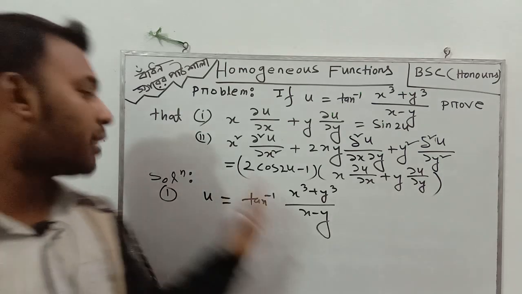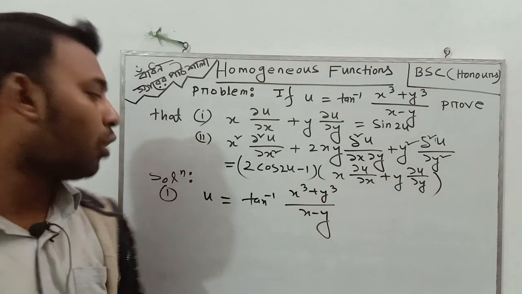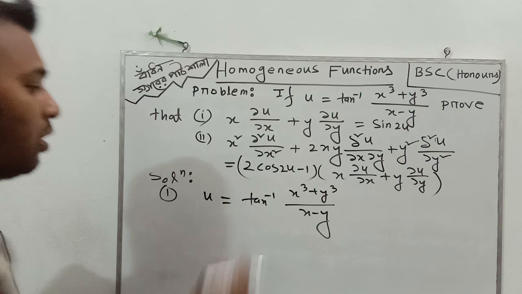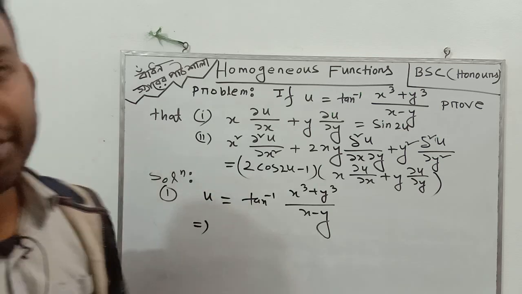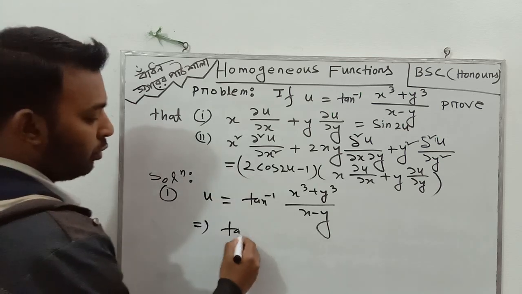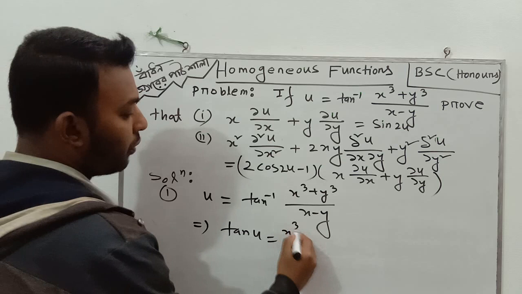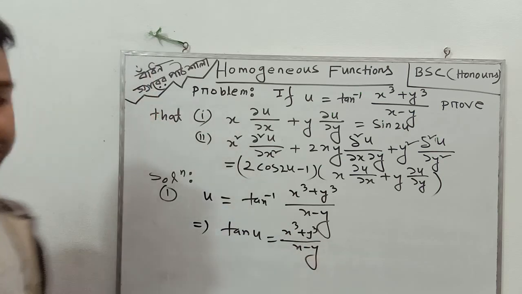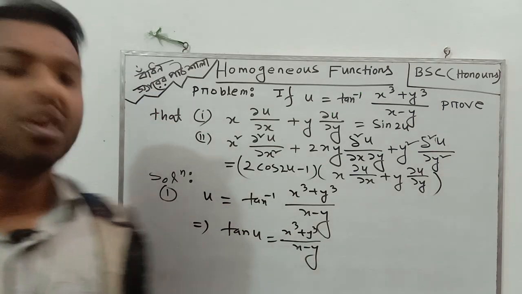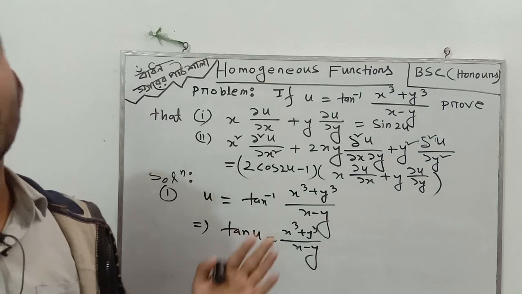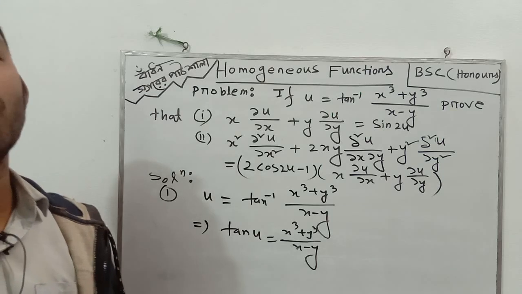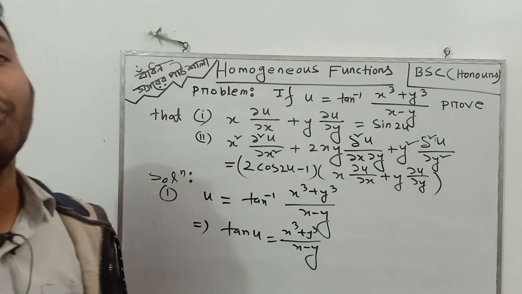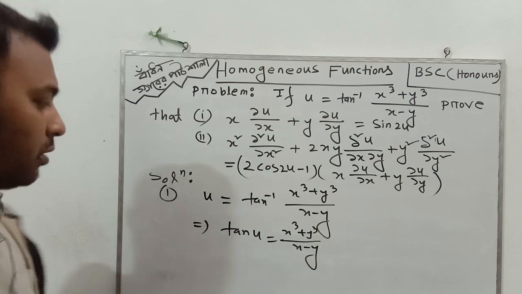u is equal to tan inverse of x cube plus y cube over x minus y. So we can write from this equation tan u is equal to x cube plus y cube over x minus y. We have to make this equation in the form of x power n phi of y by x, or y power n phi of x by y.